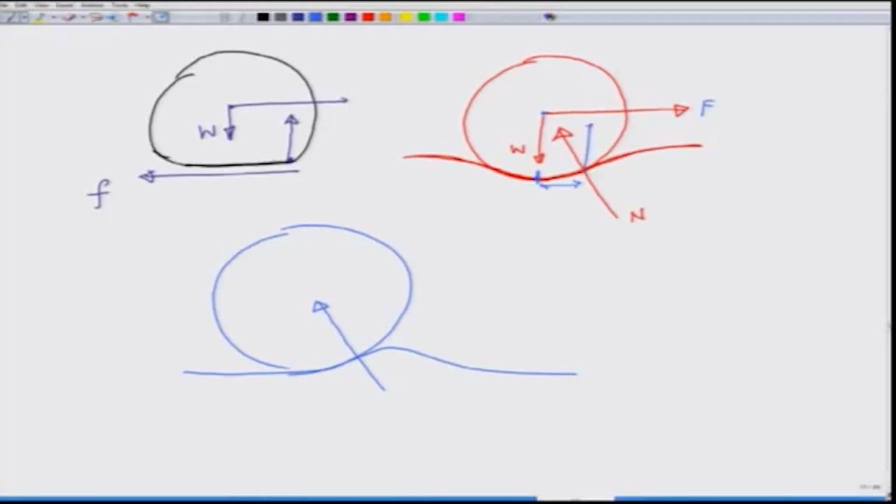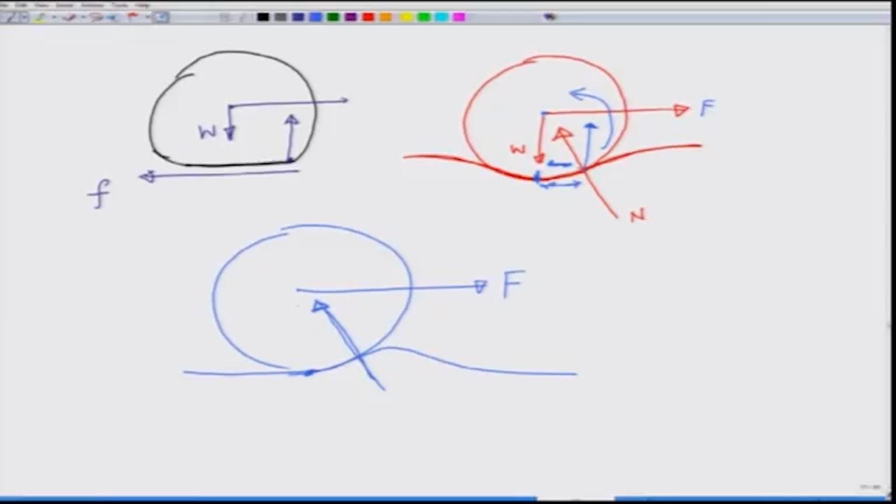What this normal reaction does, this vertical component, if this distance is very small, is trying to rotate it backwards. If this distance is small, we can neglect this component of the normal reaction, as I will show, and it is this normal reaction which is acting slightly away from the point of contact, that has to be overcome when the wheel is being pulled, and that requires a little bit of force F, and that is what gives rise to working against this rolling friction, and this is how the rolling friction is calculated.